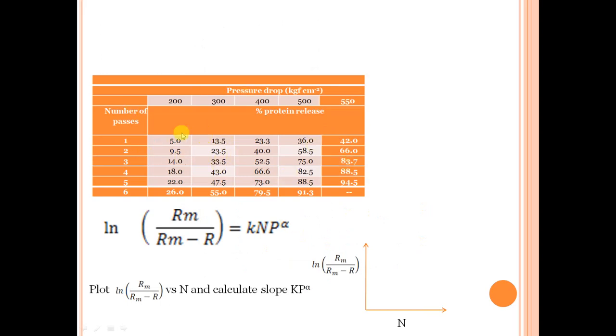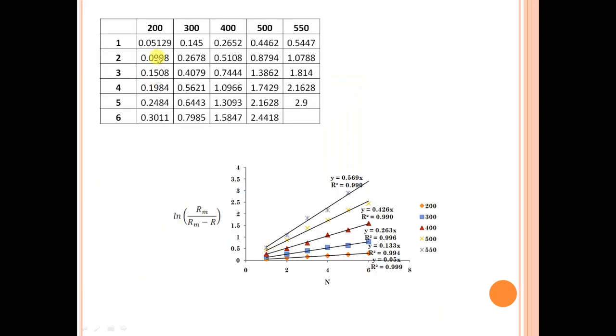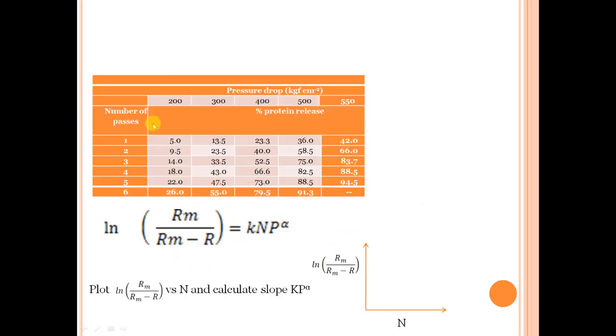From this we know that the values given to us are nothing but R values. Considering Rm to be 100, each time your R value is going to change. Based on that, you are supposed to make a new table for ln Rm by Rm minus R. Rm is 100, R is changing for each trial.